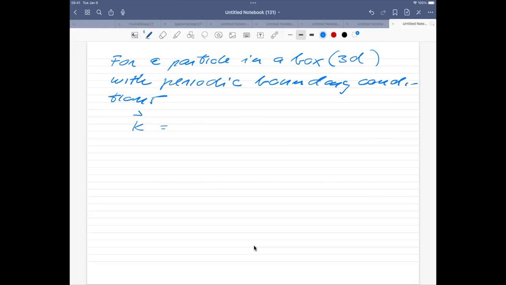So we have a momentum k, which is given by 2 pi divided by the length, times a quantum number n1 multiplied with one of the unit vectors. This could be the unit vector e1 in the x direction if we are using Cartesian coordinates, and then we have n2 times e2, plus n3 times e3.